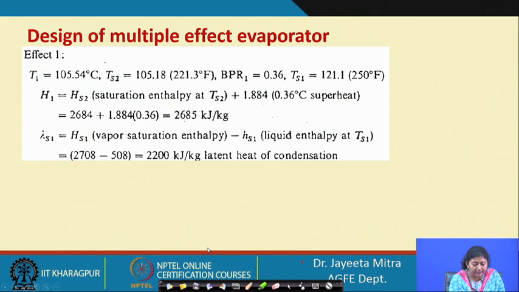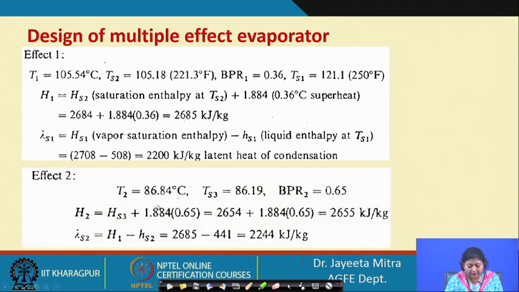In the first effect, H1, the enthalpy, is equal to HS2, the saturation enthalpy at TS2, plus 1.884 into the boiling point rise, because the vapor has become superheated. So, that will be included. So, H1 we have calculated. Lambda S1 will be HS1, the vapor saturation enthalpy, minus hS1, the liquid enthalpy.